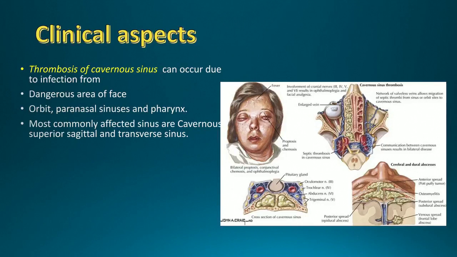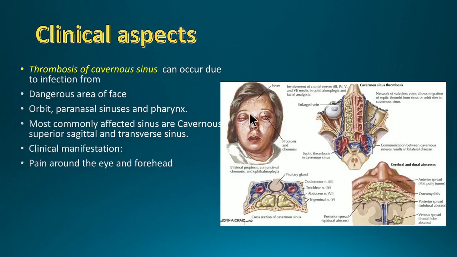Now, what are the clinical manifestations or symptoms? Mainly you come across pain around the eye and the forehead. This is because on the lateral wall of the sinus lies the ophthalmic division. So, naturally, pain is distributed along these nerves: lacrimal, frontal and nasociliary.